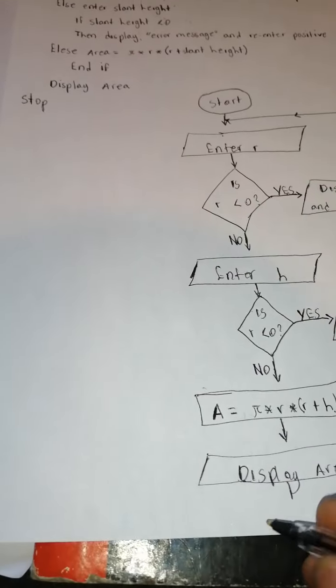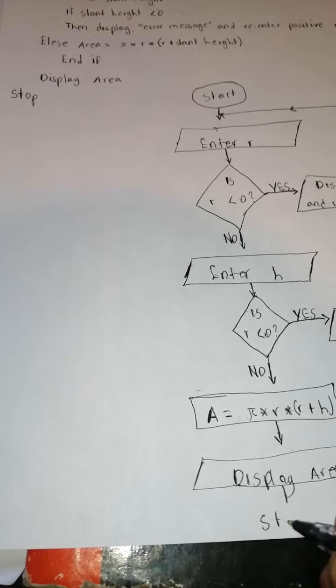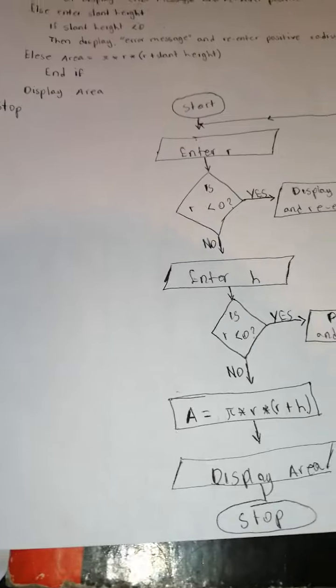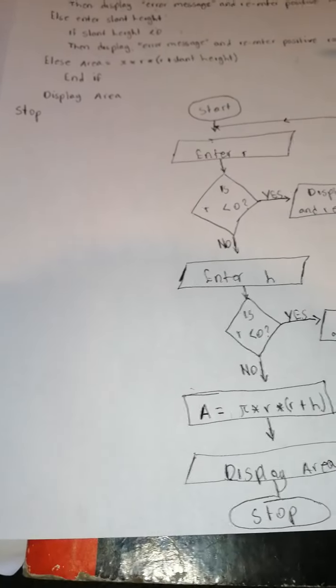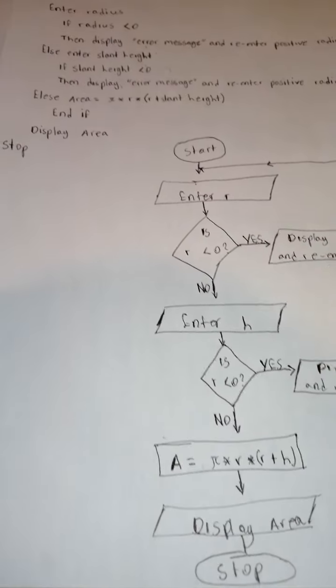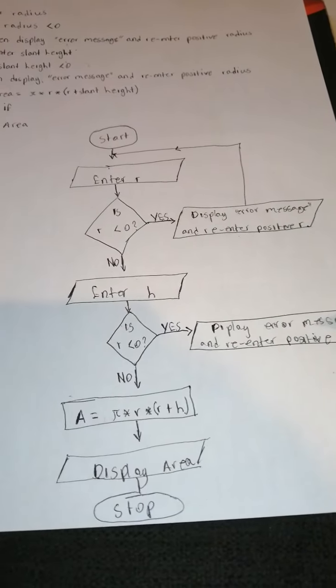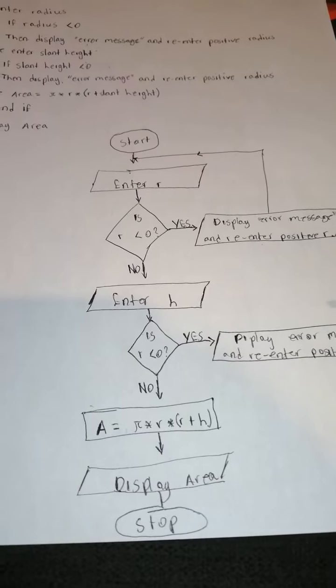And then here notice that we have stop. So again we're going to write stop, and the shape for stop is an oval like that, just like the shape for start. So that's how you can draw the flowcharts corresponding to the pseudocode.